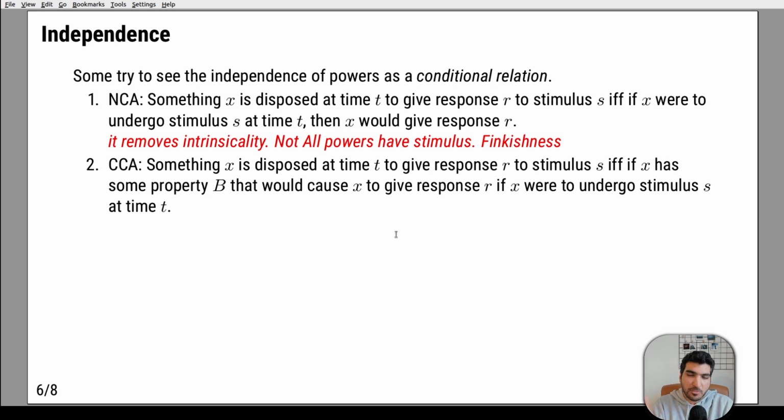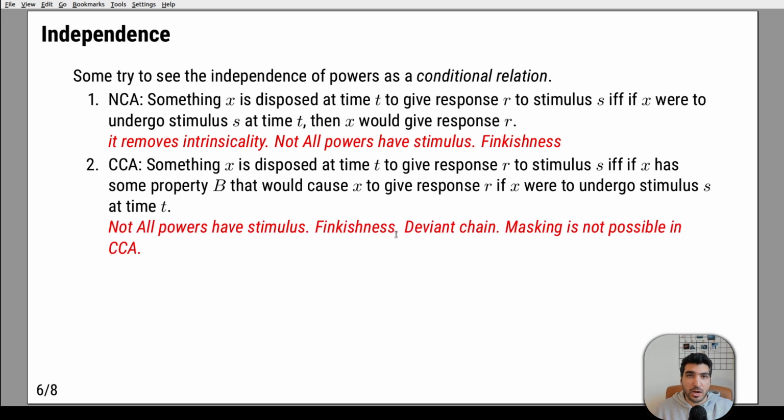It's because there's something in the structure of that glass, something about the structure of the molecules of that statue, that when you hit it, it causes it to break. So they give a causal analysis in the sense that X has some property B that would cause X to give response R if X were to undergo stimulus S. So if you add S and B together, they're sufficient to give a response R.